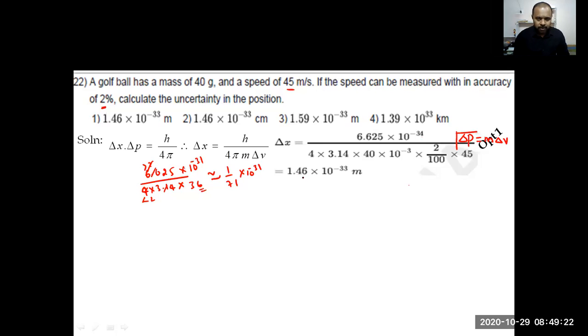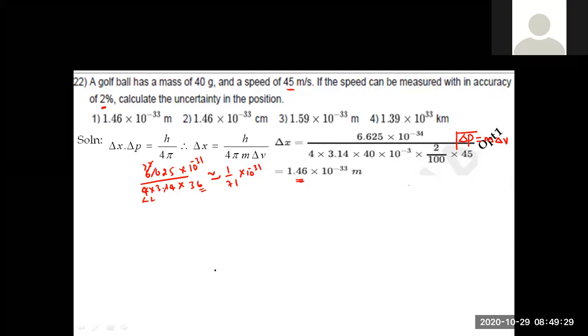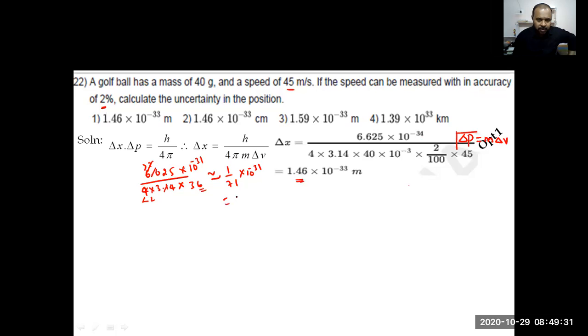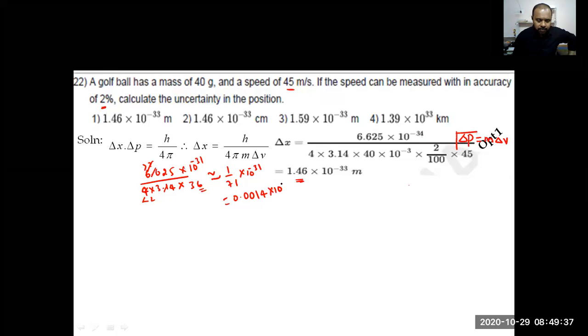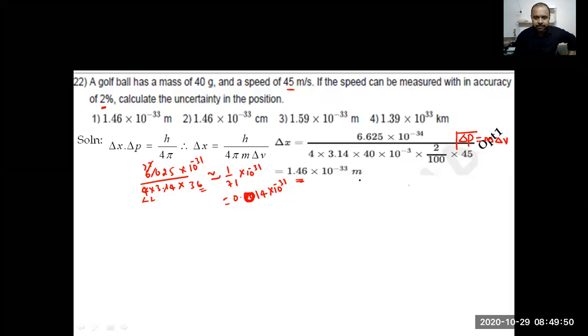So if you shift the decimal, it becomes 1.4 into 10 raised to minus 31. Shift the decimal, left increase, right decrease the power.